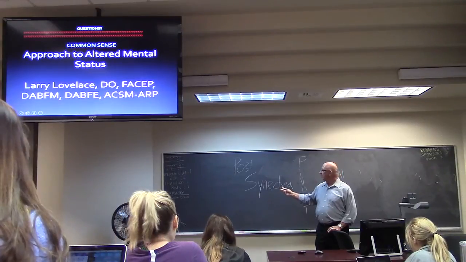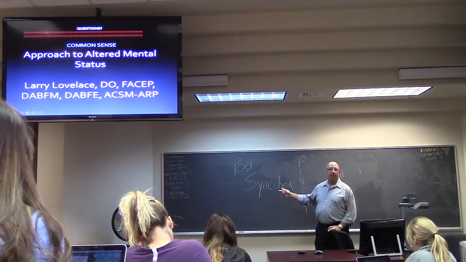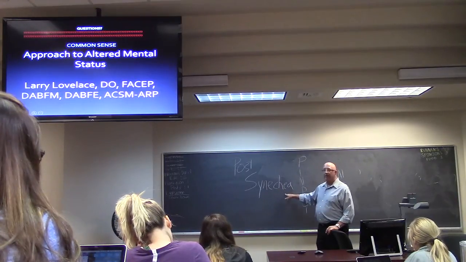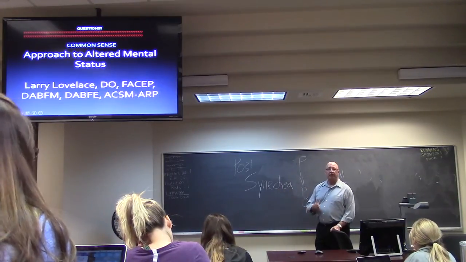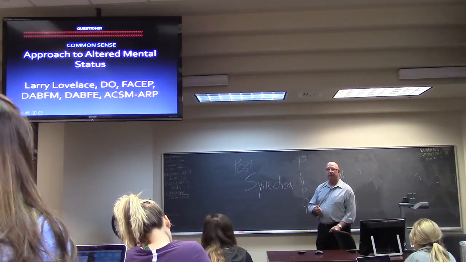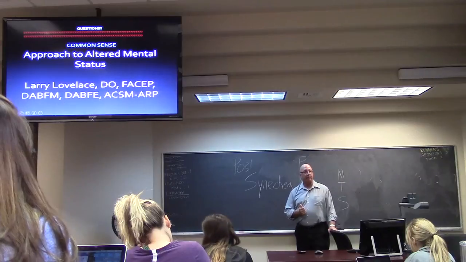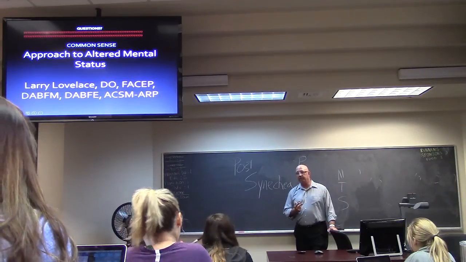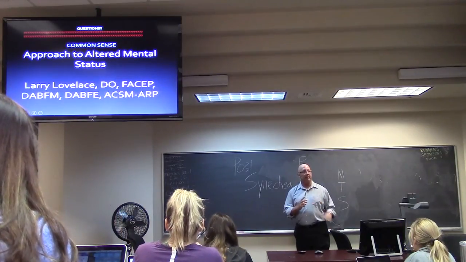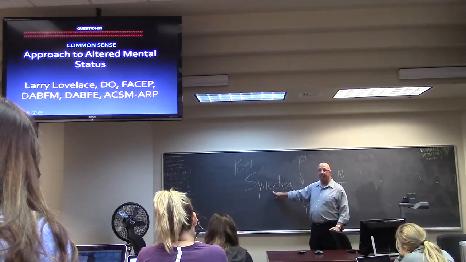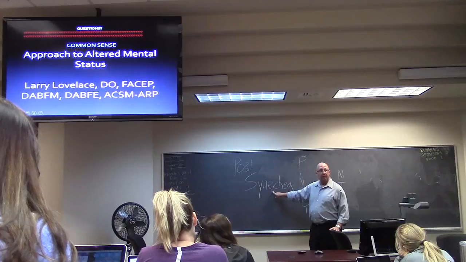So the take-home point from this, and we're way off altered mental status, is that anybody with a corneal abrasion, you need to treat them with a mydriatic. You need to give them something like Cyclogel or Mydriacyl or homatropine. That does two things. It dilates the pupil, which prevents posterior synechiae.